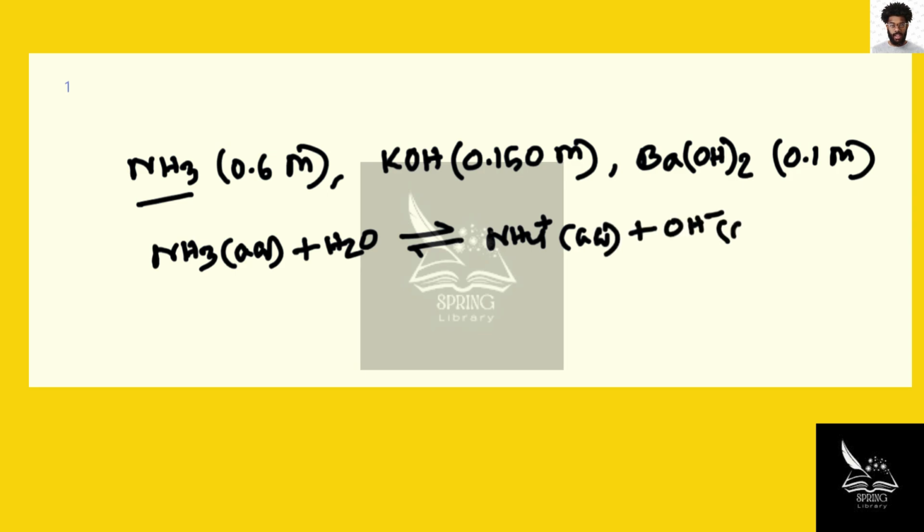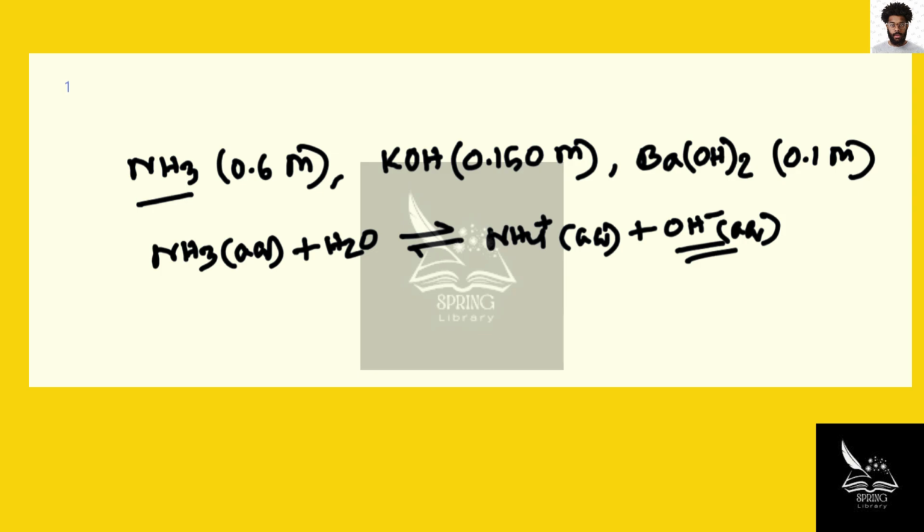But as we said, it is a weak base, so it will only slightly dissociate to form a very small amount of hydroxide ions. That means this will not be our most basic solution.